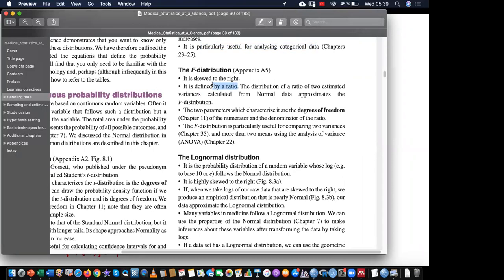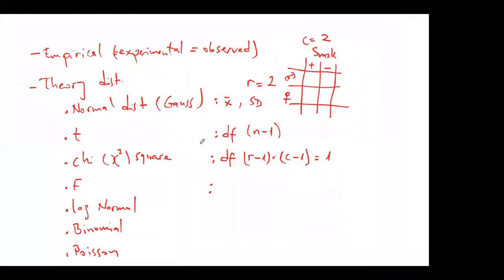The F distribution is defined by the degrees of freedom of within and between, and it is used for ANOVA, the analysis of variance. So the parameter defining the F distribution is the degree of freedom between and within. Between divided by within.